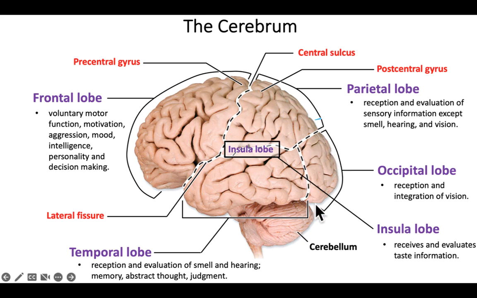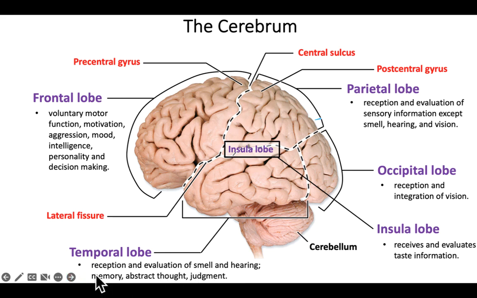In the back is the occipital lobe. The occipital lobe receives and integrates vision. So it's involved in receiving our visual sense and then interpreting that, integrating it, meaning, understanding what we see. And then finally, we have the temporal lobe. That's involved in the reception, perception, and evaluation of smell and hearing.